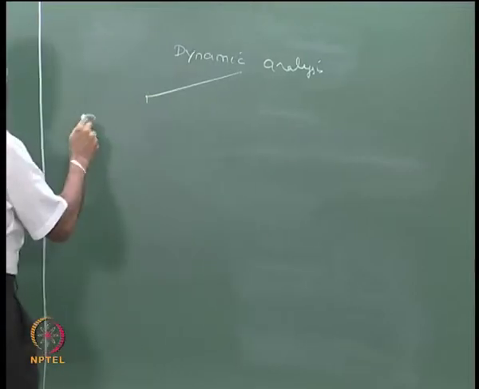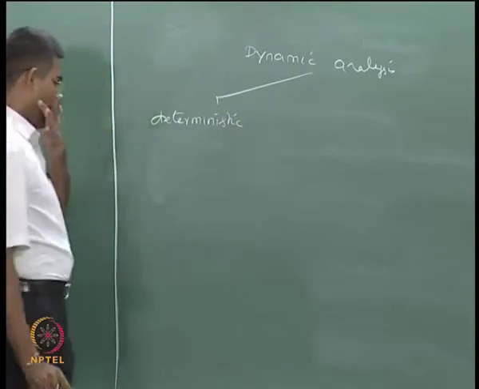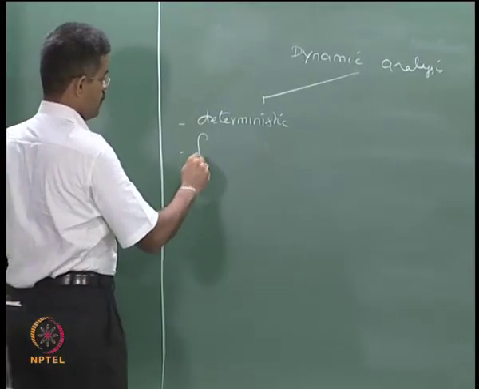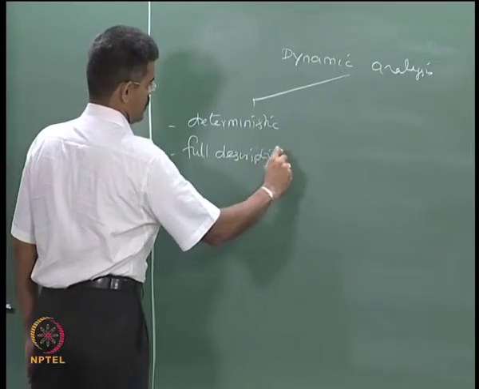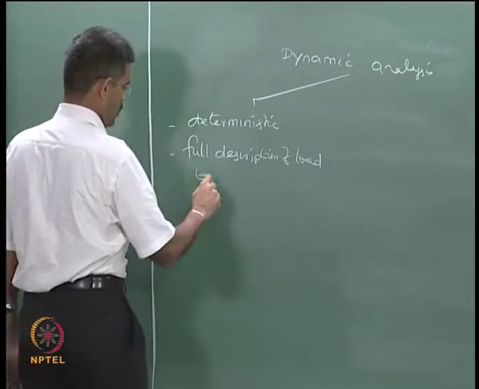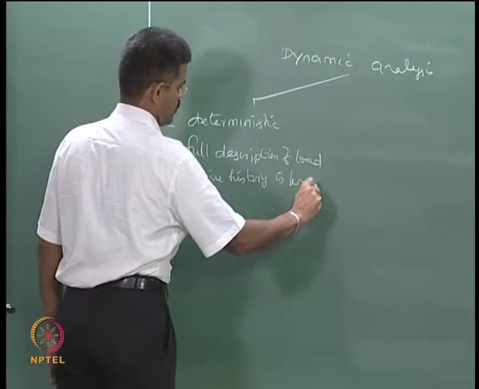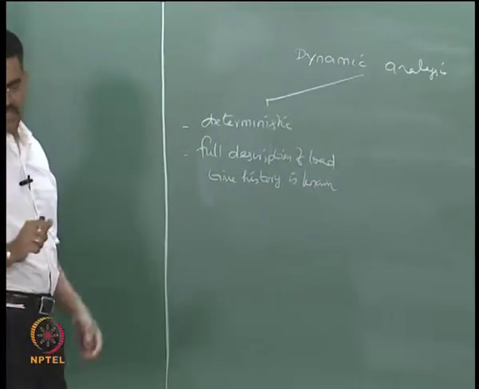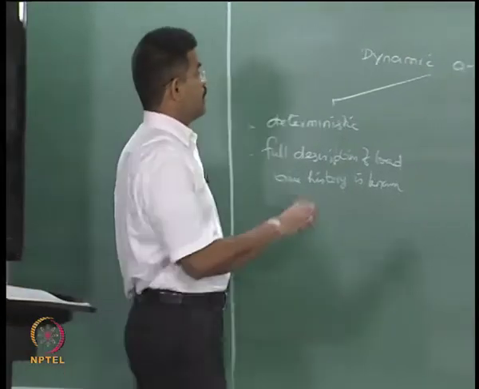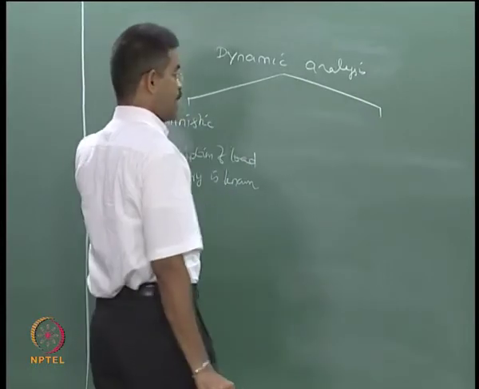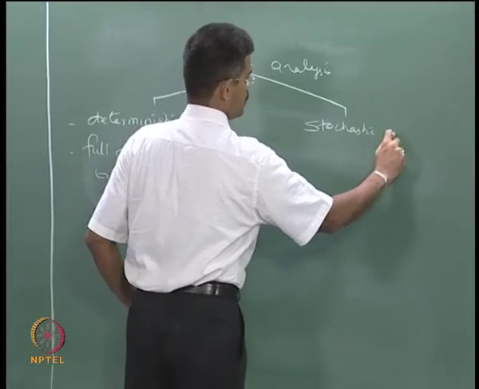One is what we call deterministic analysis, where the full description of the load history, or load time history, is known. Sometimes the full description of the time history may not be known, then alternatively I can use statistical parameters, which we call stochastic analysis.